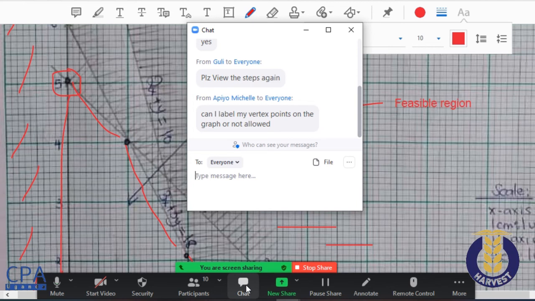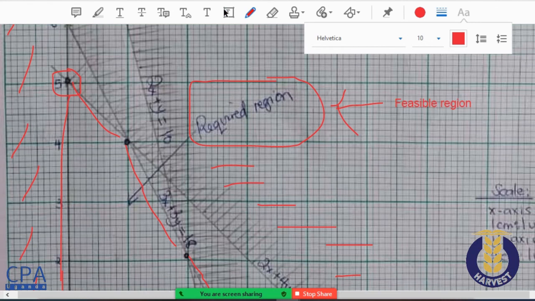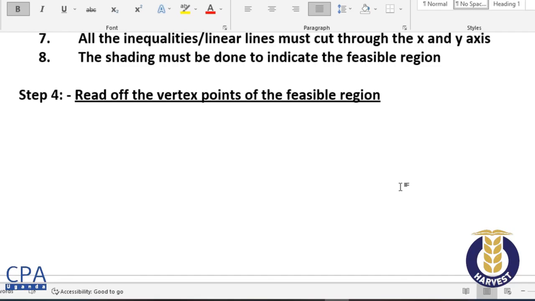Yes, you can label. Let's call this one P. Point P is 0, 5.